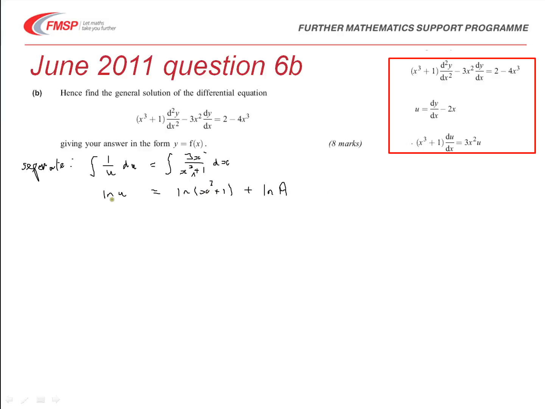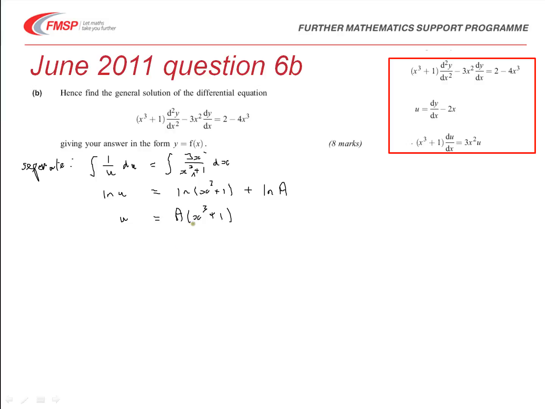And then if we do the inverse of ln on both sides, i.e. the e function, we will end up with u equals a multiplied by x cubed plus 1. So that takes us to our solution to the first order differential equation. That's u in terms of x.